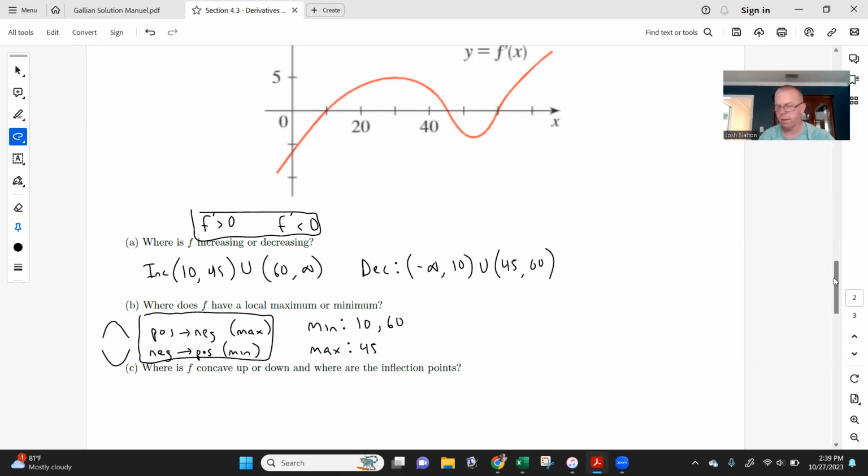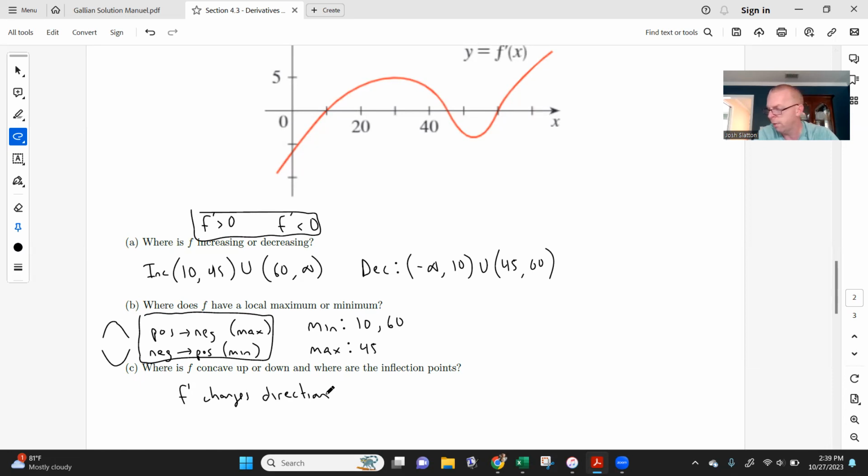All right, so where is it concave up or concave down? So now we're looking at where F prime changes direction. So you remember, the inflection point is where it changes direction.